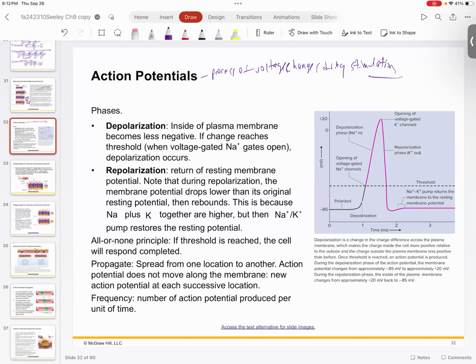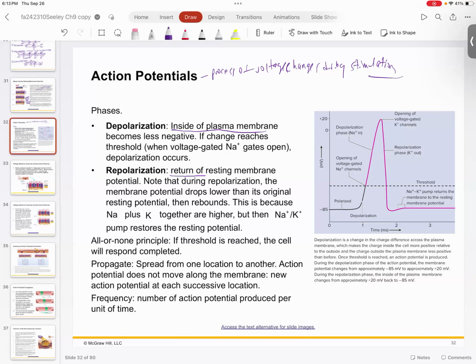And you have two different phases. We already talked about depolarization, right? So depolarization is when the inside of the membrane becomes less negative because of the inrush of sodium. And that basically causes a charge flip, and that's depolarization.